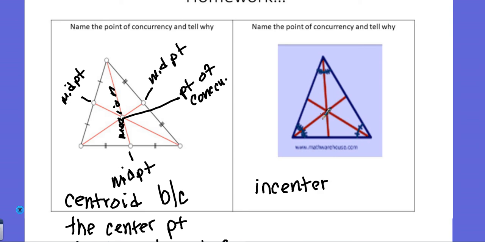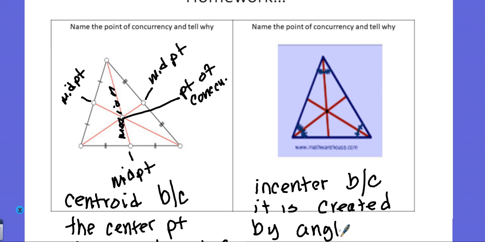That's called an incenter, and it's because it is created by angle bisectors. I got that point of concurrency where all of these lines intersect, and they're angle bisectors, so that's called an incenter. All right, let's keep this show going.